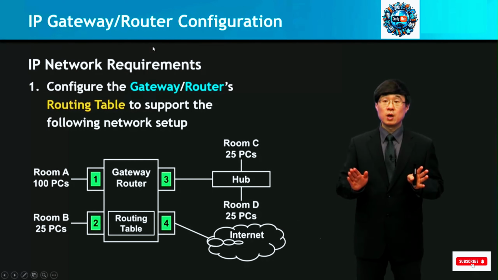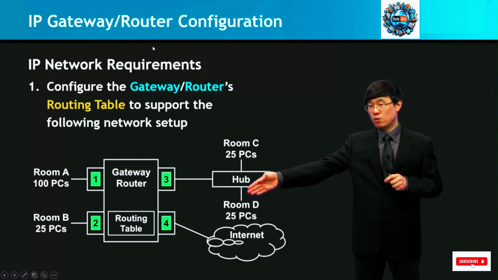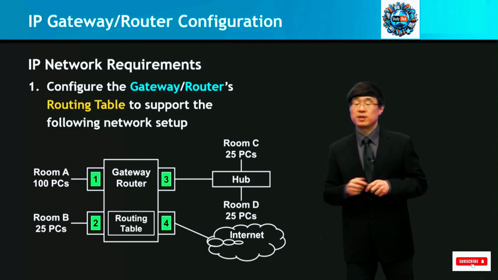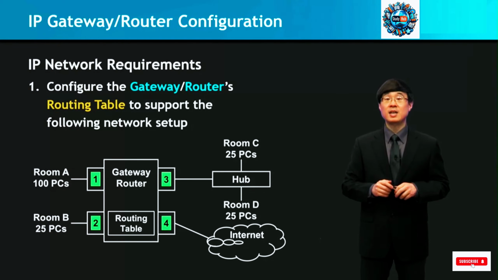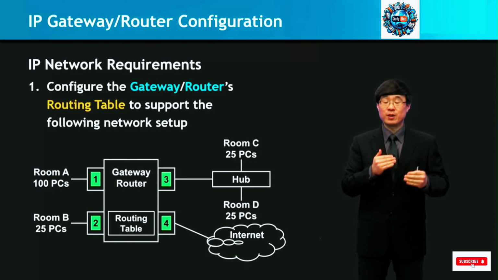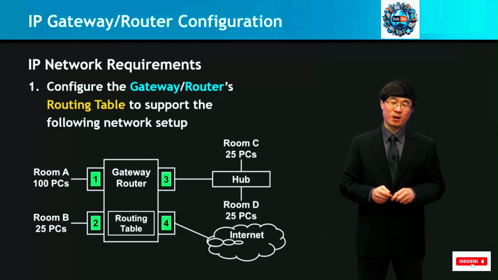We're going to set up that routing table in the middle of the gateway, the router. And by that, I think you'll have a real good understanding of the subnet, IP addresses, and the other configurations about how the internet actually works. So here we go.